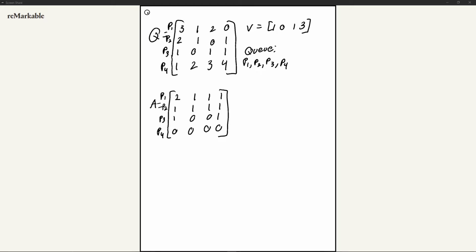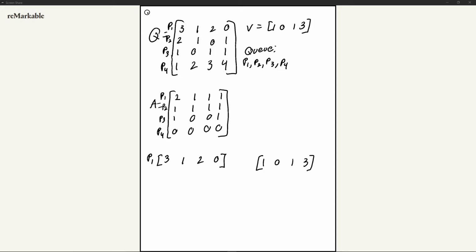Following this queue, we want to compare the requested amount of data, whatever you want to call it, to the available given. So we have 3, 1, 2, and 0, and we compare it to our available of 1, 0, 1, and 3.